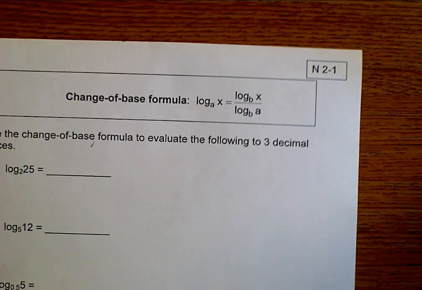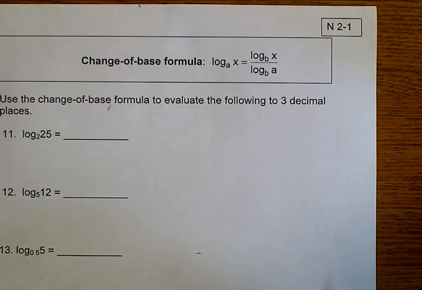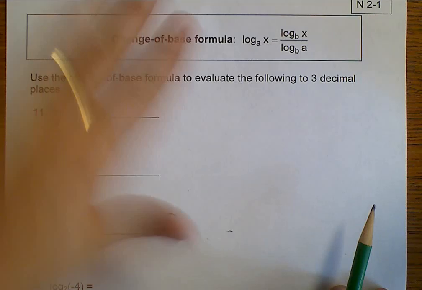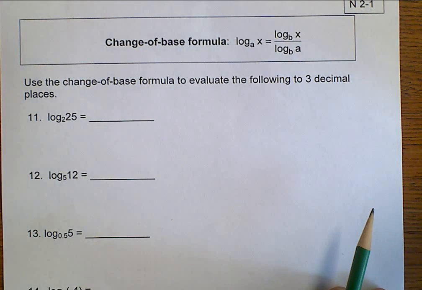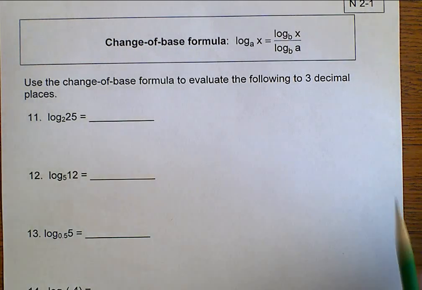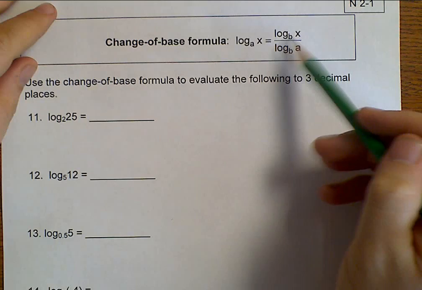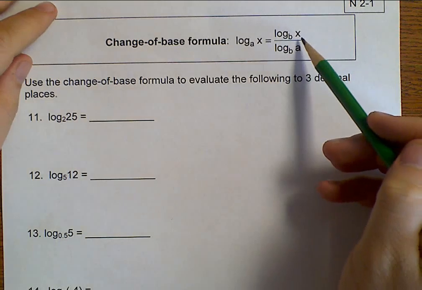Here we have the change of base log formula, because if I want to change my base, I need to know how to do this. So this is how we do it.